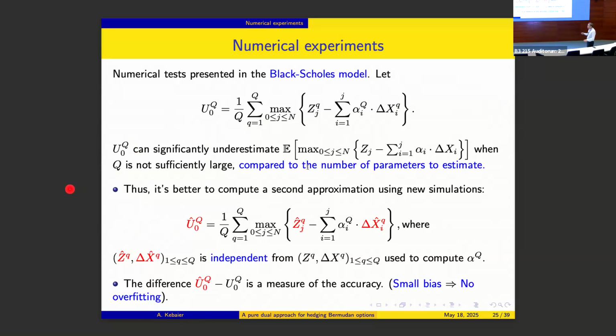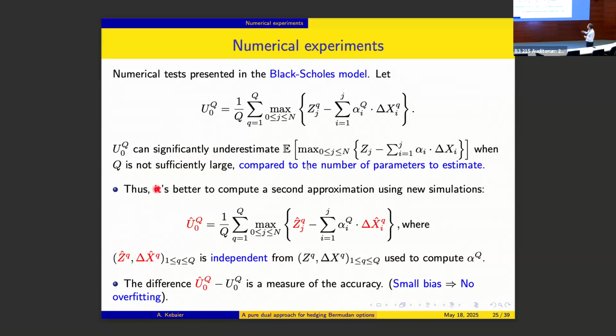However, if you don't consider a large sample size Q, then the number of parameters is really larger compared to the Q. And this may create a kind of overfitting problem.